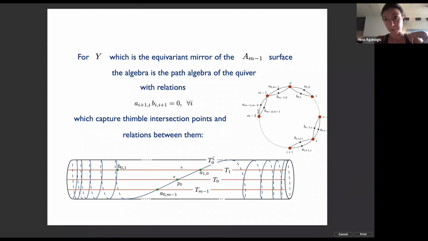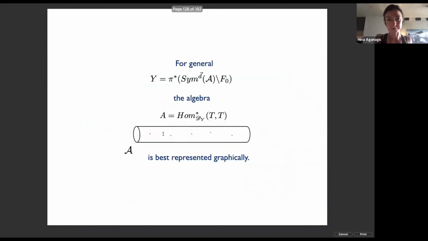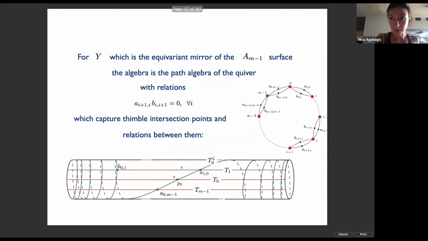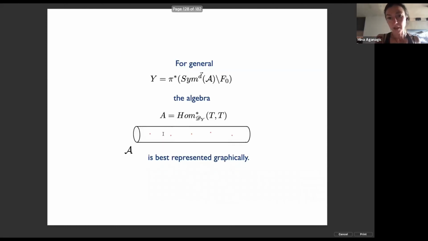So the algebra is simply the path algebra of the quiver, and the relations capture the relations that you get from the product in Floer theory. Now, for general Y associated with arbitrary G, the case I gave is a very special case of G being SU2, but in general, the algebra is best represented graphically.